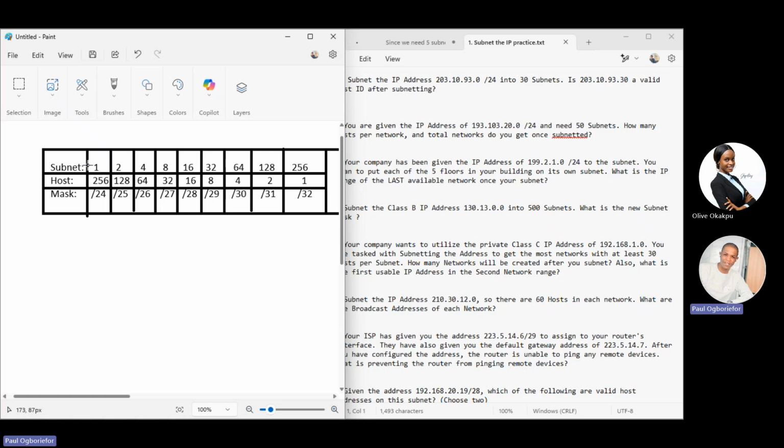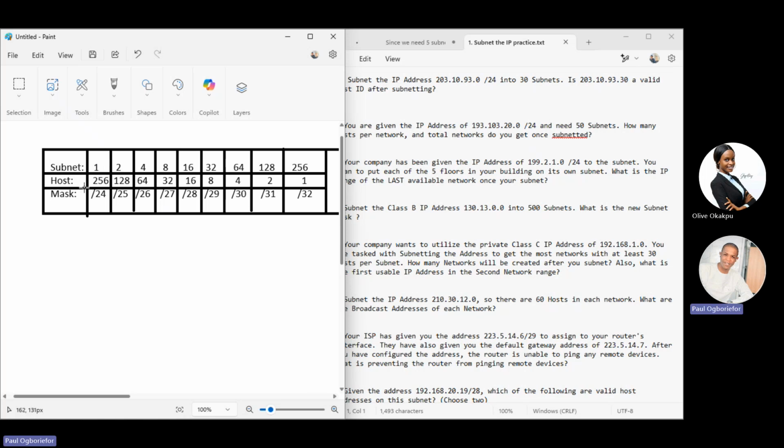And in a full network for class C, the maximum number of hosts or IP addresses that can be contained therein is 256. So when the network is one, you have 256 IP addresses in that particular network.